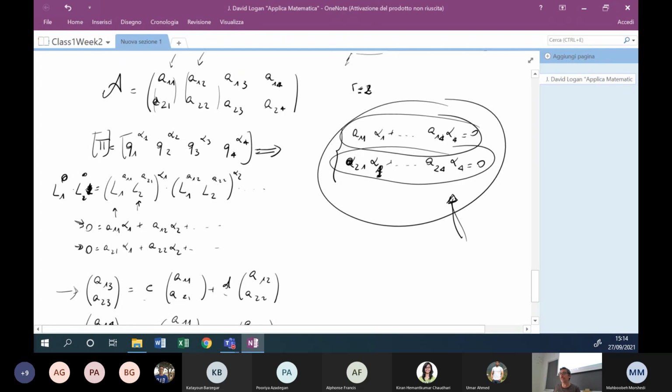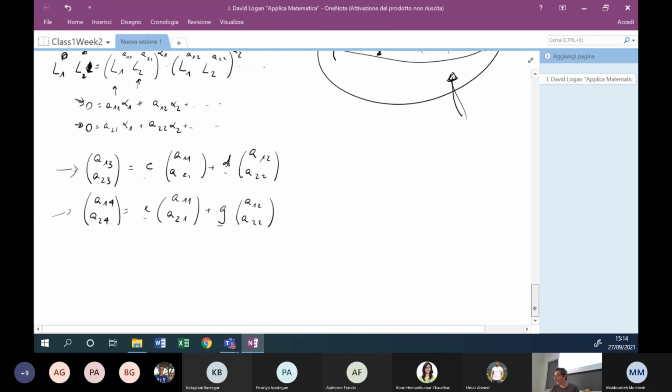So what I have to do is to substitute the column A14, A24, and to substitute the column A13, A23, using the expression that I found.